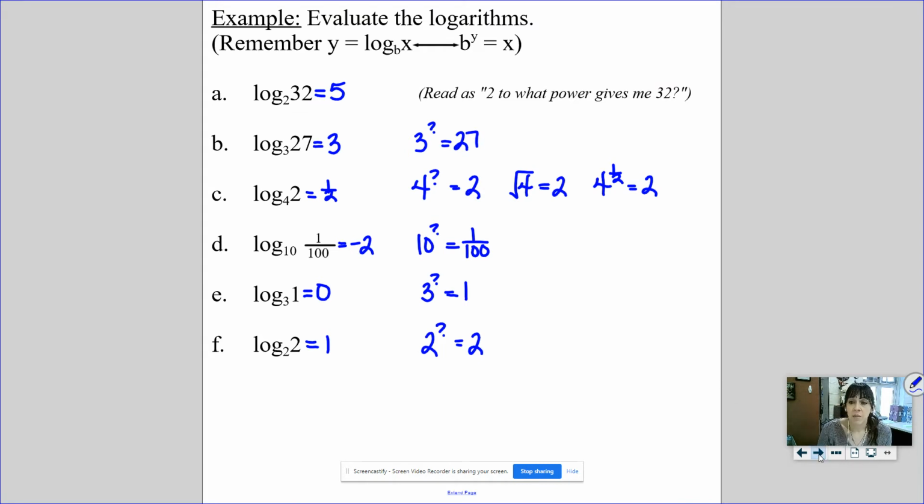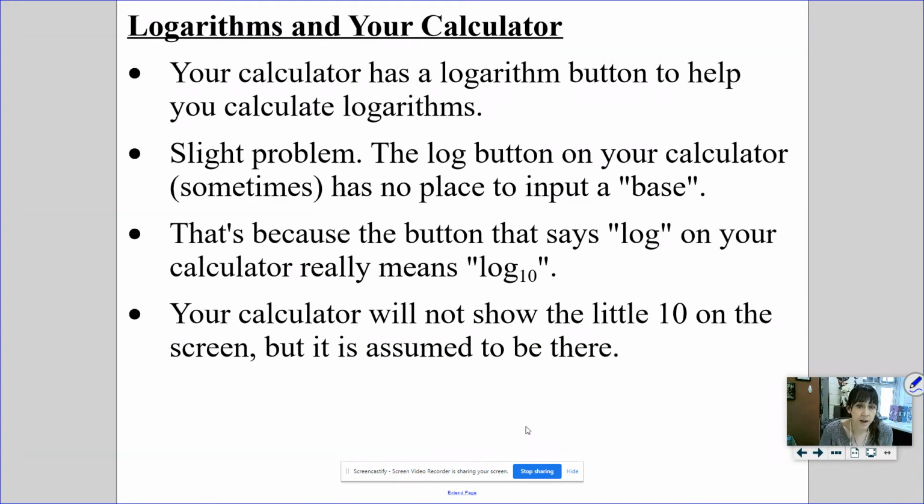Couple of note-taking things. You don't need to write all this down, but make sure that you understand what I'm saying here. This is about your calculator. So some of you have probably noticed that your calculator has a log button. On these little TI calculators, there's a log button right here under the second.